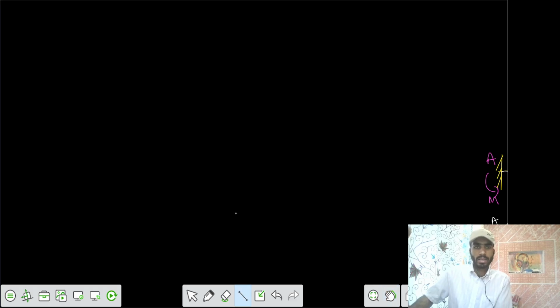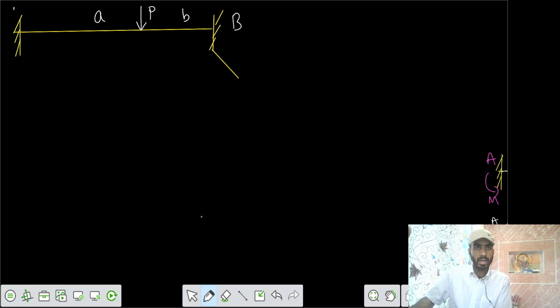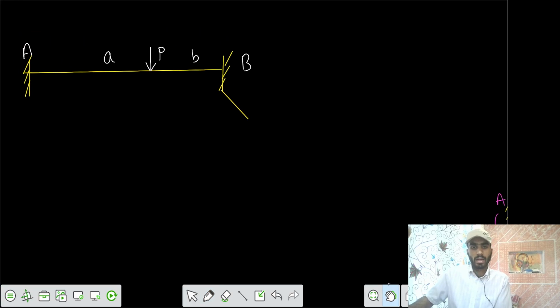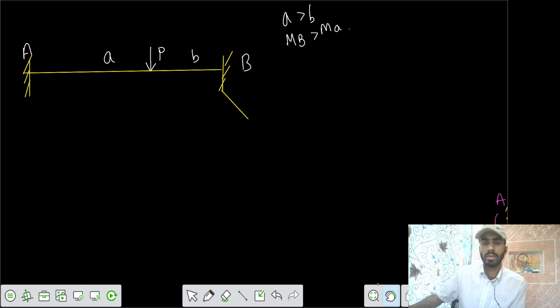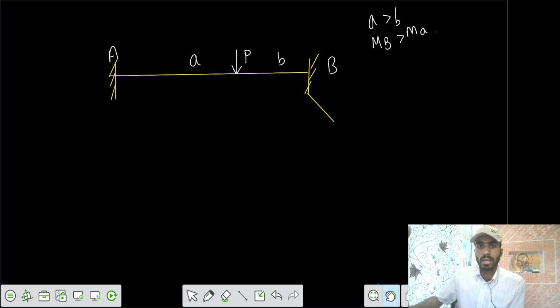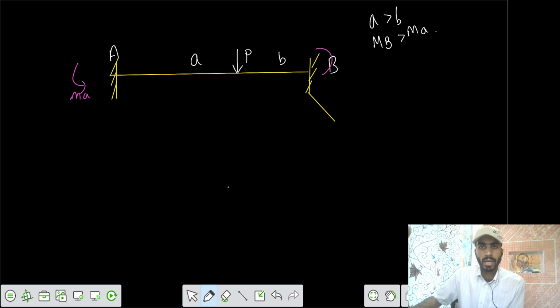Let's apply it at some length A from support A. Let's say you apply a load of P at some length A from support A and B from support B. Let's say that A is greater than B, which implies that the moment developed at B would be greater than the moment developed at A. Let's say the moment developed here is MA, and the moment developed here is MB.